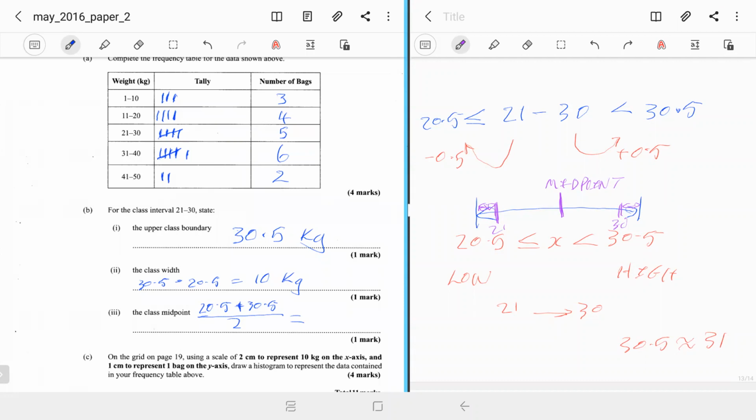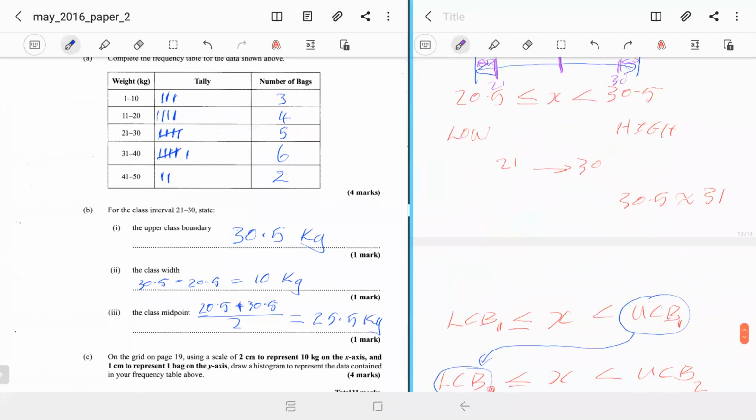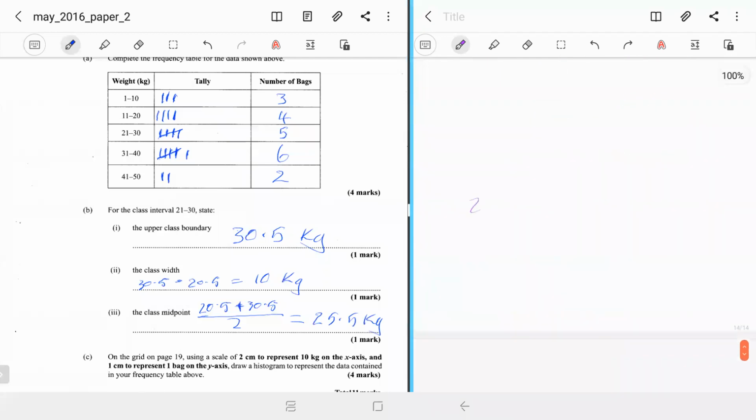So basically that becomes 25.5 kilograms. Note that if you average the two limit values, you get the same thing: 21 plus 30 over 2. You're going to get 51 over 2, which is still 25.5.